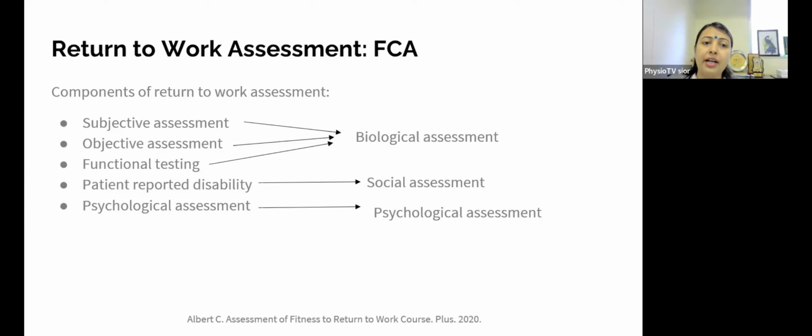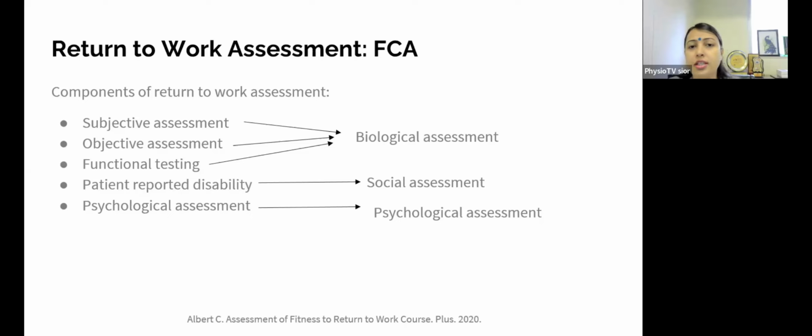And apart from that, specifically for return to work, these two components are being added, the second last and the last one. The first one is the patient reported disability. Once the worker has sustained any injury, before return to work or during return to work assessment, patient reported disability is very, very important, where how society looks at the disability is also taken into consideration.